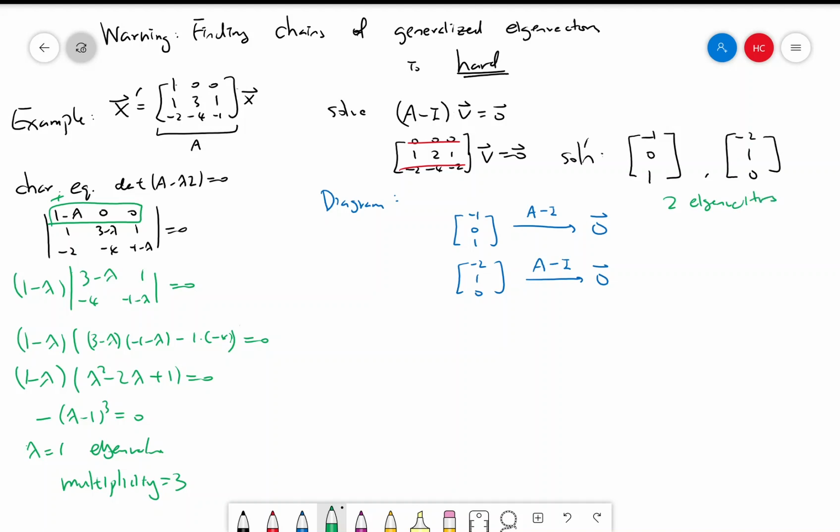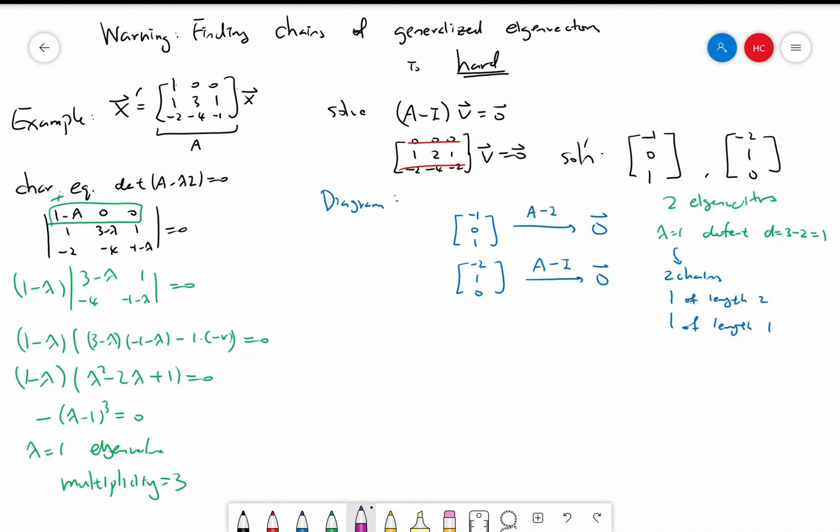So this means our eigenvalue is defective, and the defect is 3 minus 2, which is 1. So that means the diagrams of generalized eigenvectors should have a chain with length 2. So this means we have two chains, one of length 2 and another one of length 1. So we need to manually create a chain of length 2.